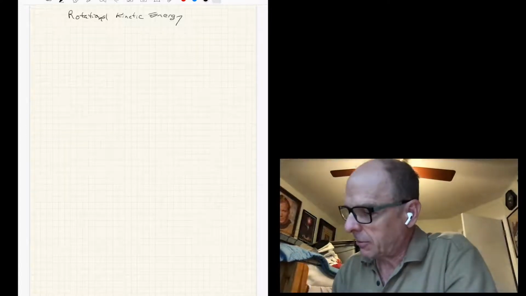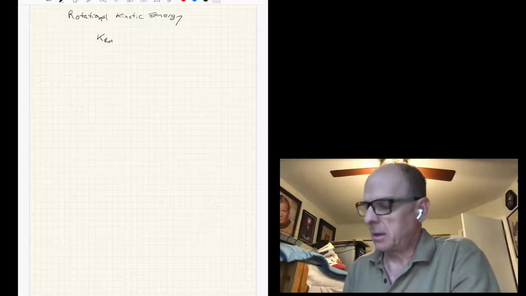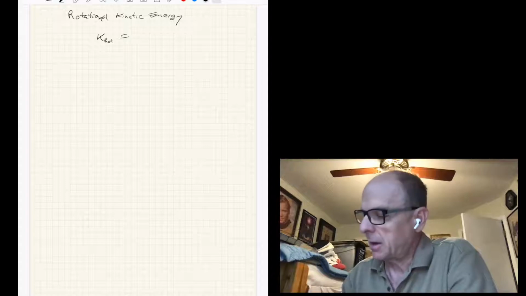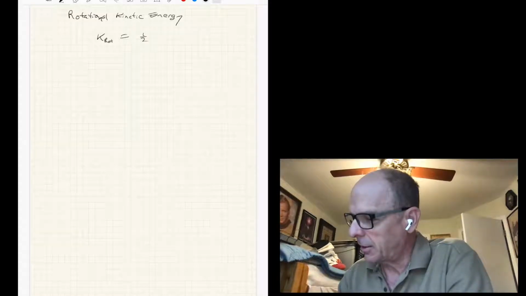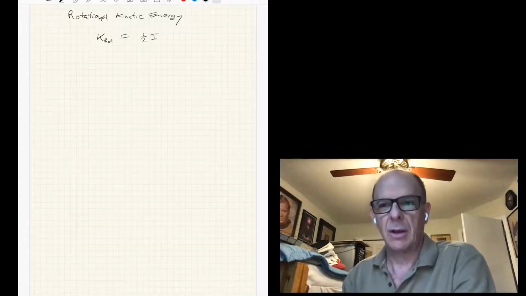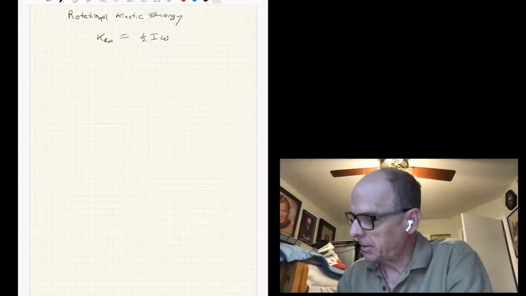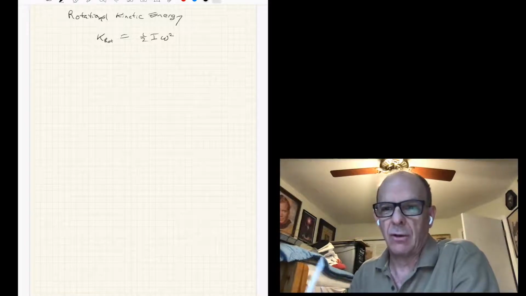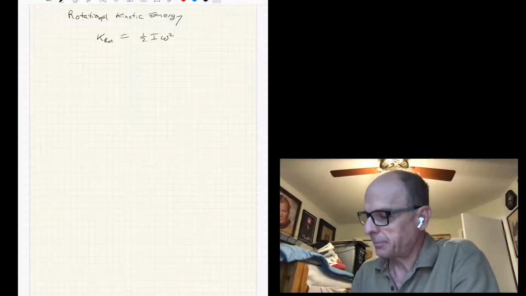And so that rotational kinetic energy, I'll just call K rot, is equal to the same exact form that we have for linear kinetic energy, except instead of mass, we have the rotational version of inertia, the moment of inertia, and instead of v squared, we have the rotational velocity squared. So the kinetic energy due to rotation of an object is just 1/2 I omega squared.